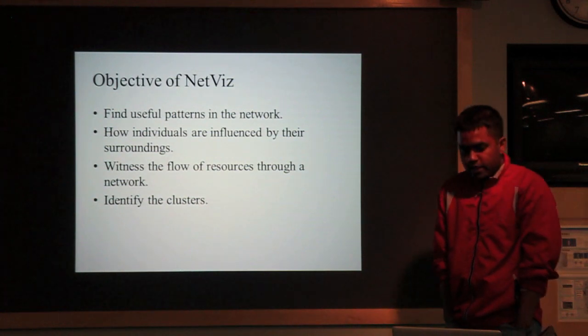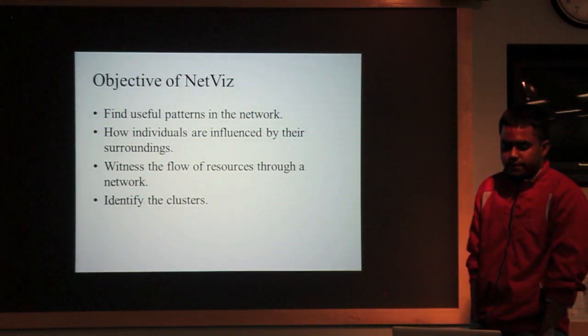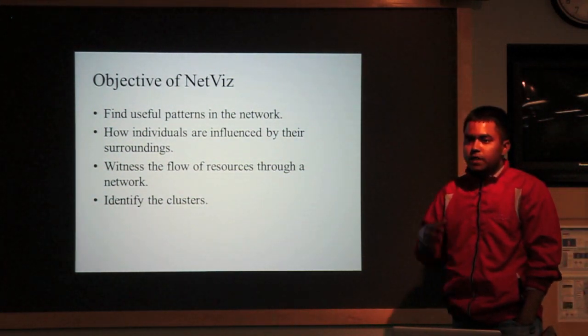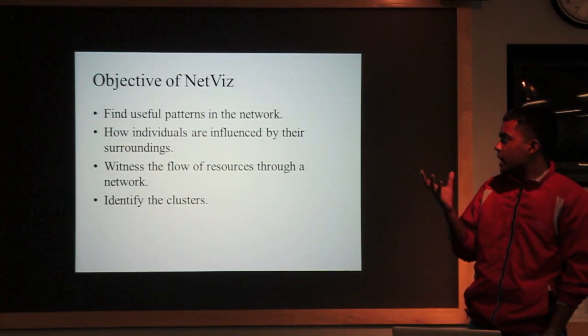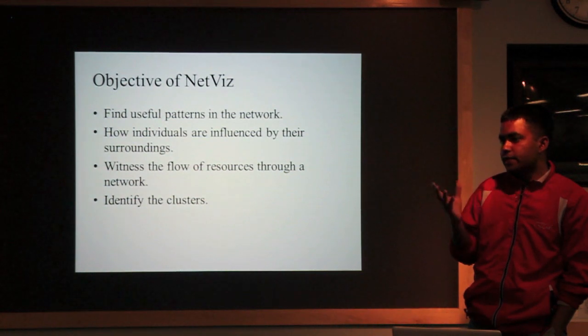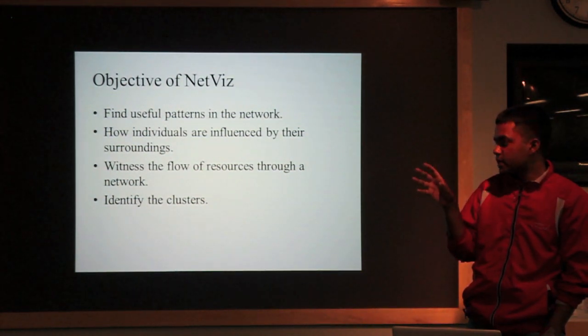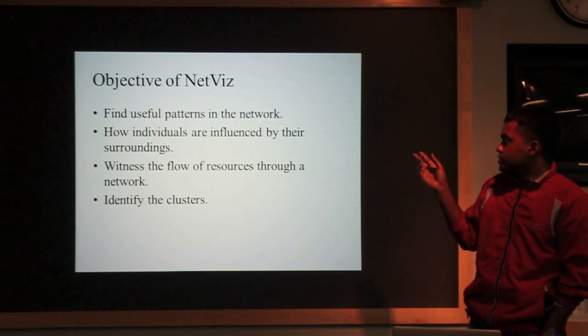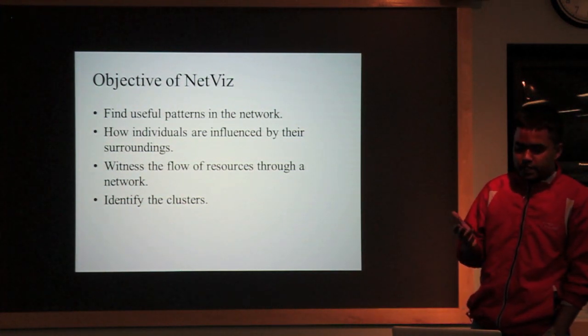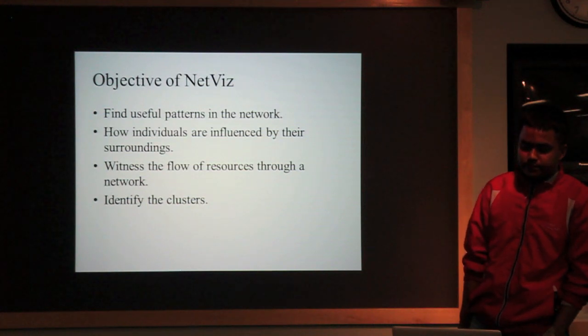So why do we do network visualization? What are our main objectives? The first objective is finding useful patterns in the network. Like in the biology network, we try to find patterns like how a cancer cell is affecting other cells. And in the social network, we analyze how individuals are influenced by their surroundings.